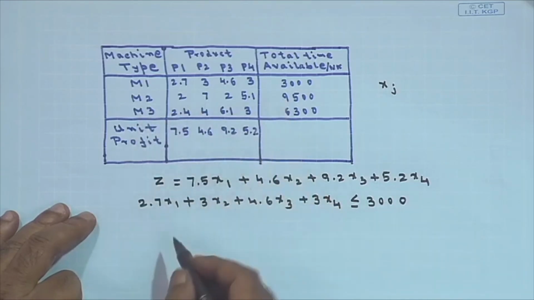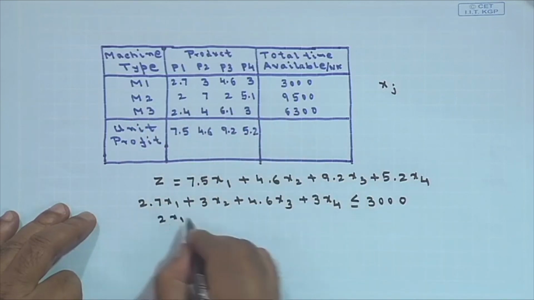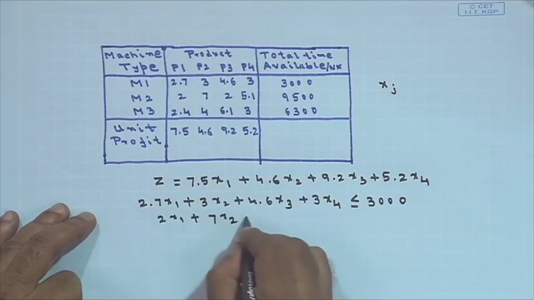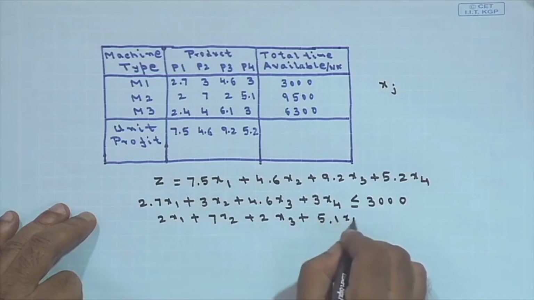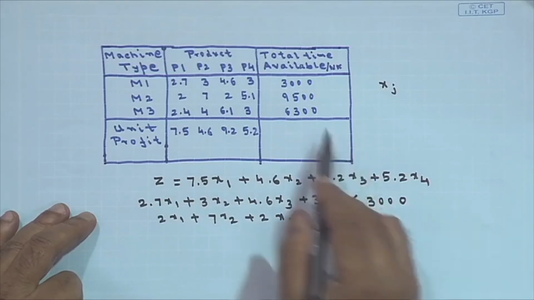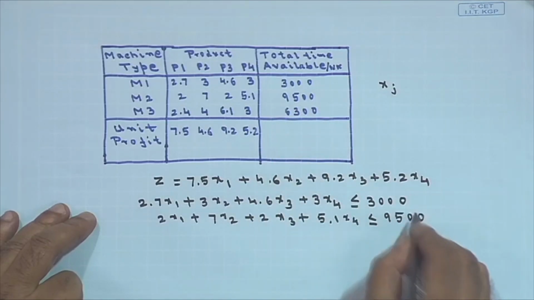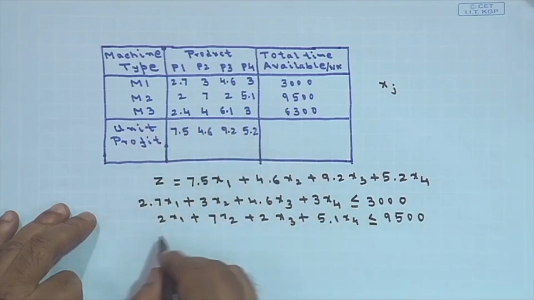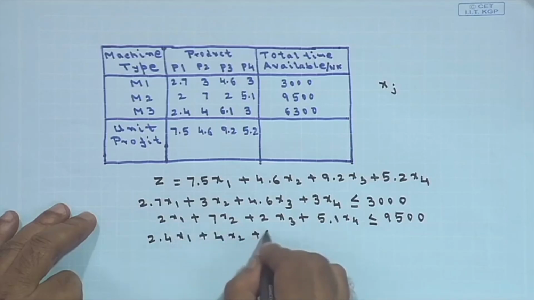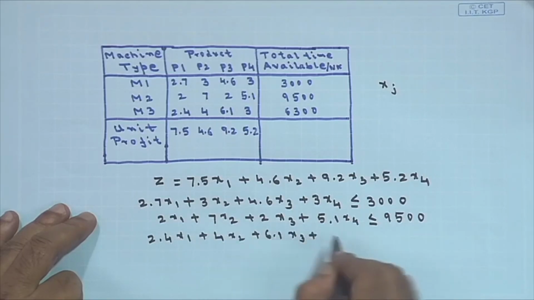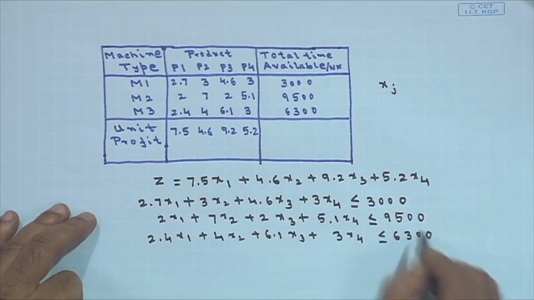Similarly, I can create another one for the second row, for machine M2: 2 x1 plus 7 x2 plus 2 x3 plus 5.1 x4, which should be less than or equal to 9500. And for the third machine it is 2.4 x1 plus 4 x2 plus 6.1 x3 plus 3 x4, which is less than or equal to 6300.